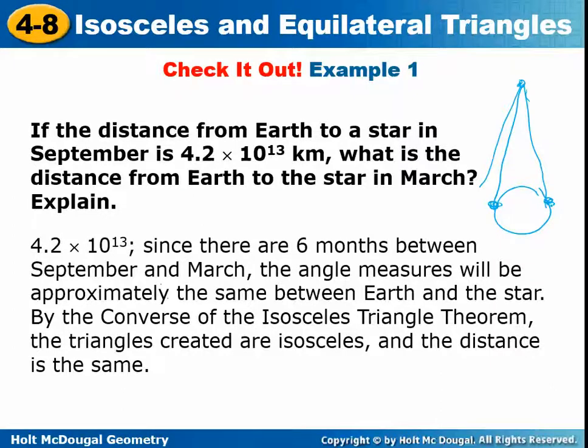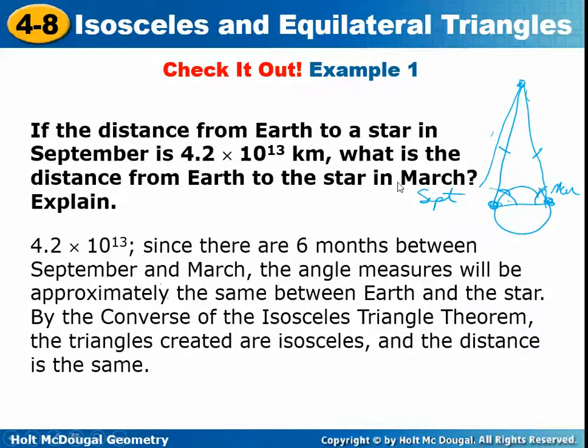This isn't exactly right, but we can think about it as an isosceles triangle, with these being our base angles. And if the base angles are congruent, because they're 6 months apart, then these sides will be congruent.